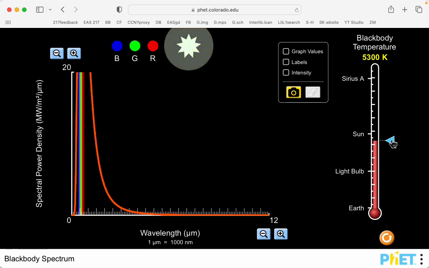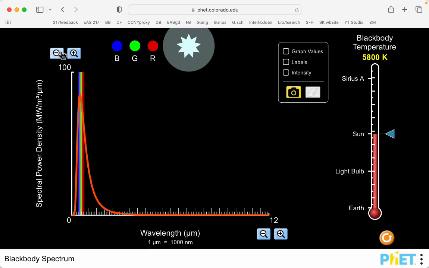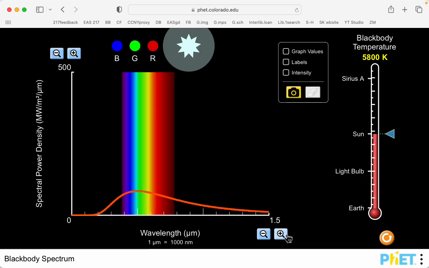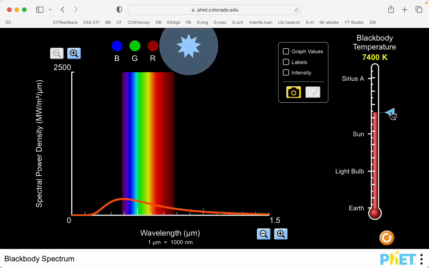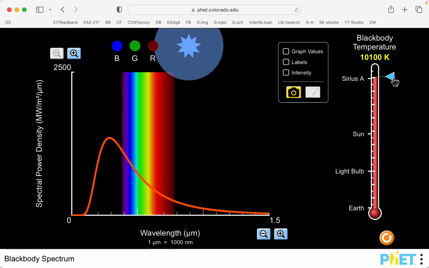So let's go back to the sun and let's compare it to another star. Sirius A is a star that is quite a bit hotter than the sun, so it's going to emit more energy. We can see that as the area of this curve is getting bigger as we increase the temperature.